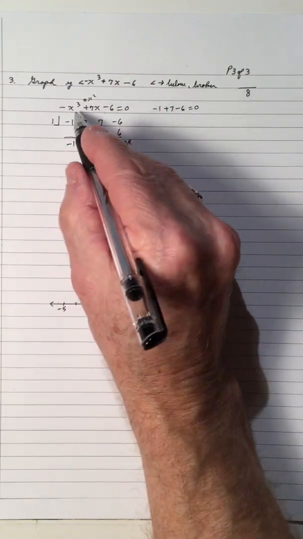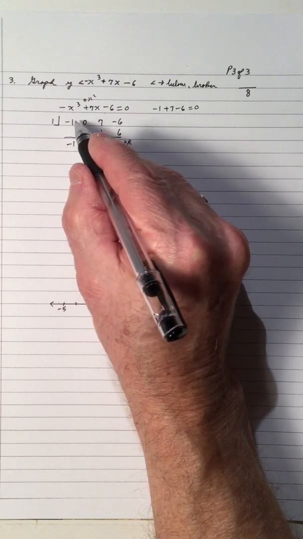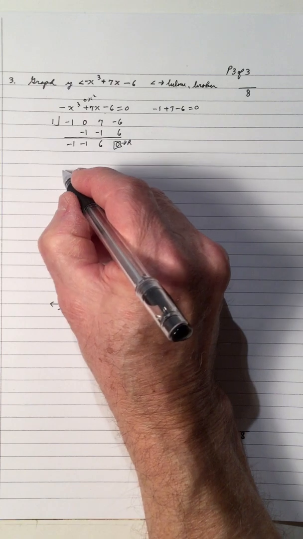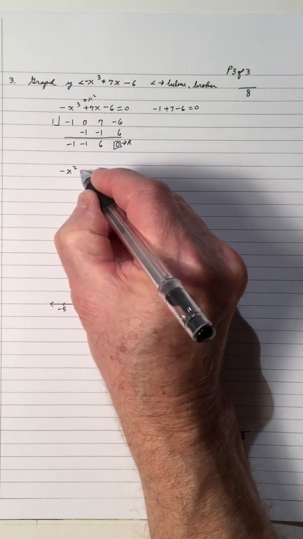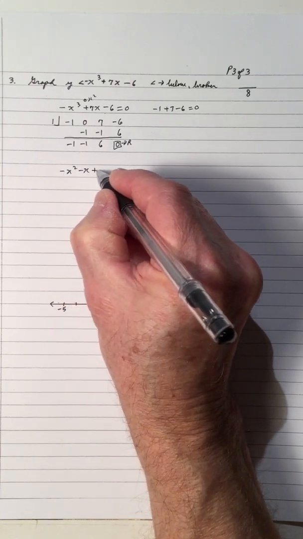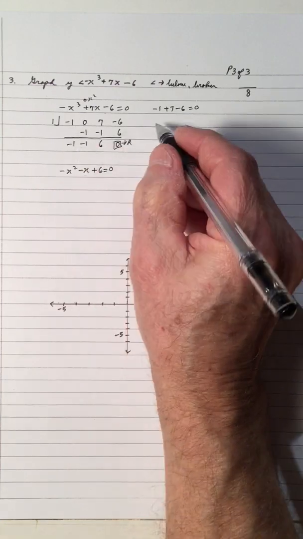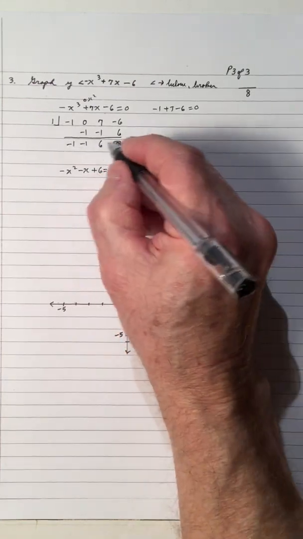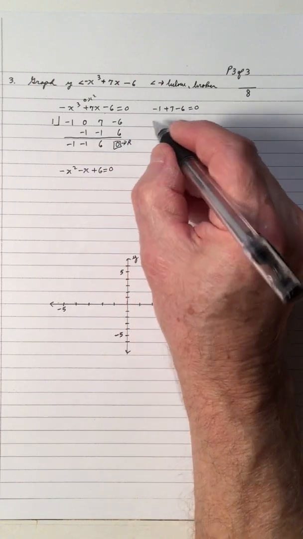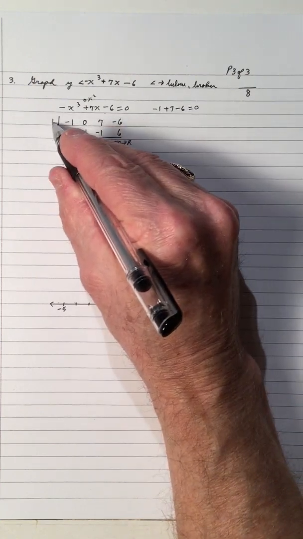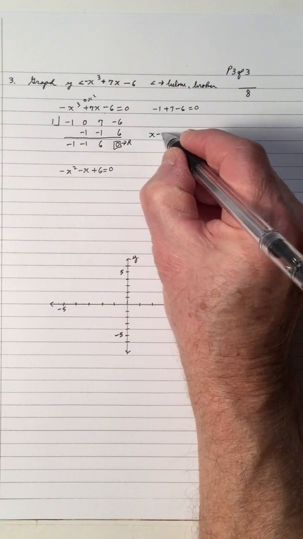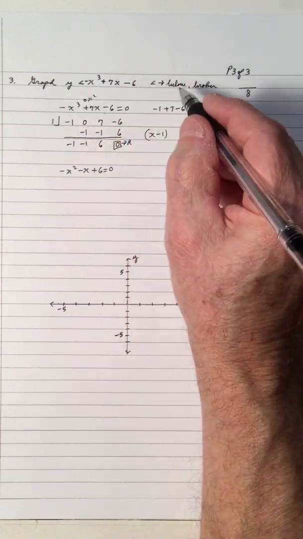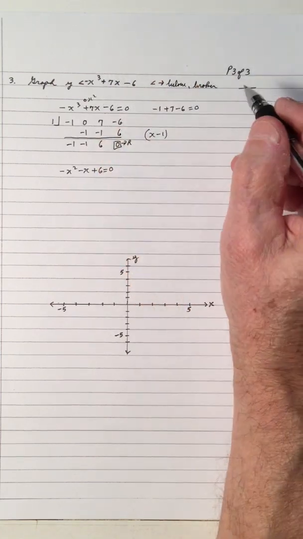That means I have a depressed equation. This is x cubed, x squared, x, constant. So this is an x squared. So I have negative x squared minus x plus 6 equals 0, the depressed equation. Because the remainder is 0, and remember we have a 1, that means x minus 1 is a factor of this cubic.